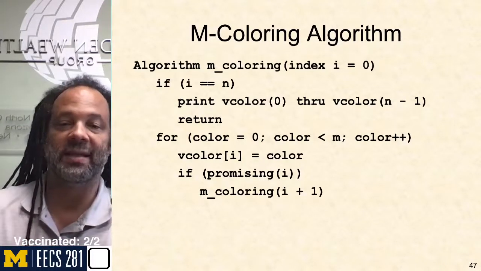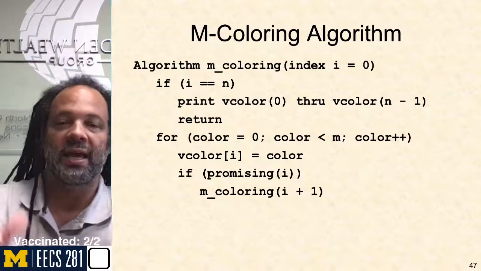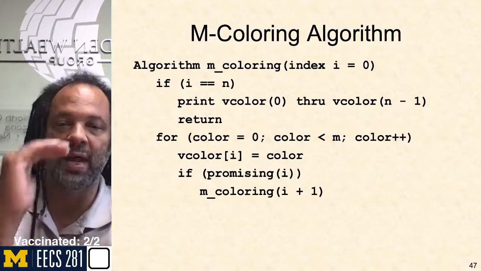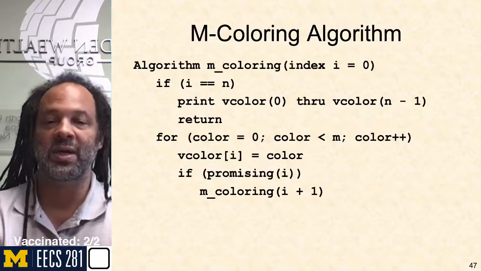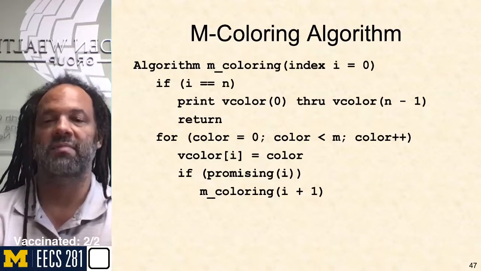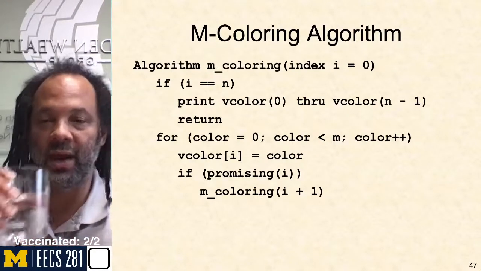I've got to have a base case, and I see that right here in these first 3 lines inside the function. If I is equal to n, print vcolor 0 through vcolor n minus 1 and return. There is my base case. This is going to get me out of this recursive function before I recurse. That's key. You can't have a recursive function without a base case, a way to get out.